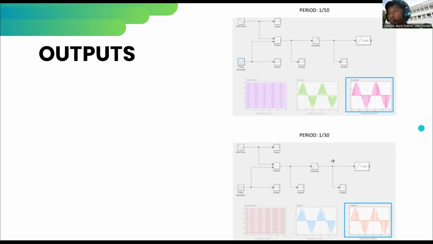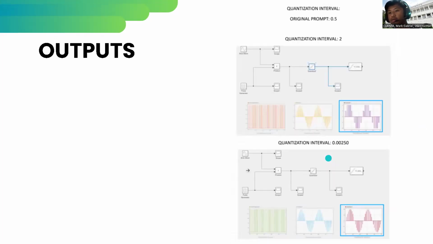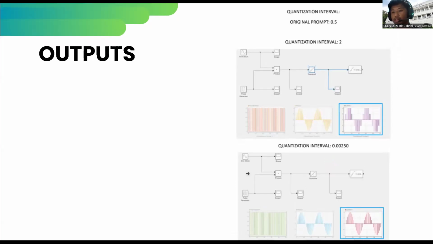Moving on to the quantization interval, what I observed is that it controls signal resolution or the step size. The larger the interval, in my sample of 2, it produces coarser steps and more distortion.